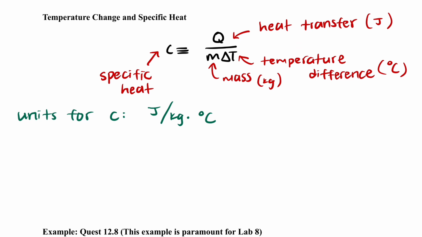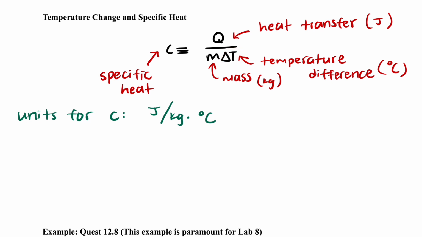So what do we do with this? Well, we can use it in different ways. But ideally, we want to know the relationship between heat transfer, the energy going into or away from the system, and how that heat is changing temperature.